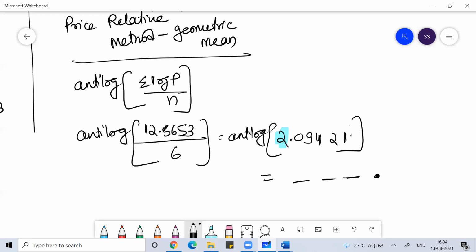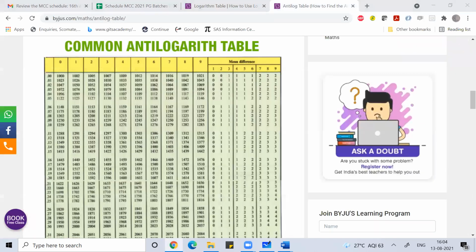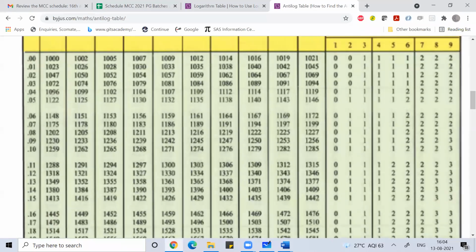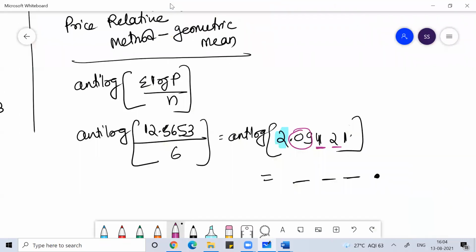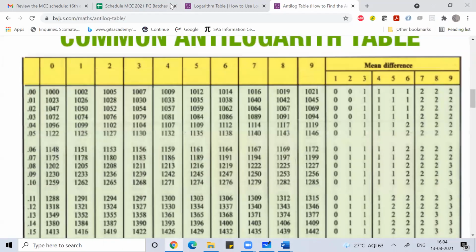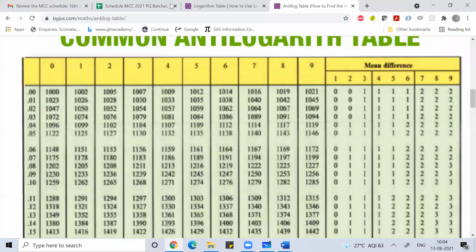Now go to the anti-log table. For the 09 column, see row 4.